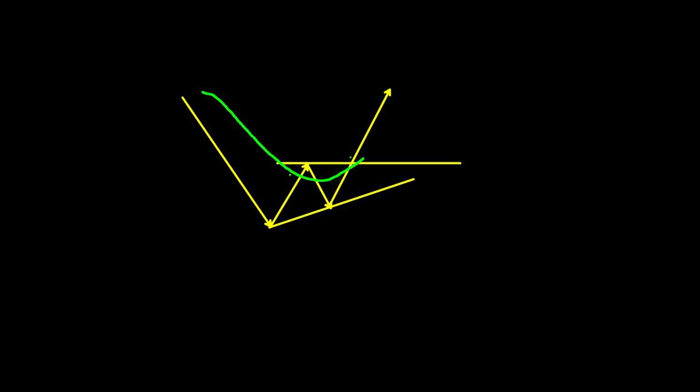Moving in the other direction is kind of the same thing. I'm not going to do it now, but let's change color here and put it in red. The market is coming up, and then you make a low, and then another low, and then you go here.